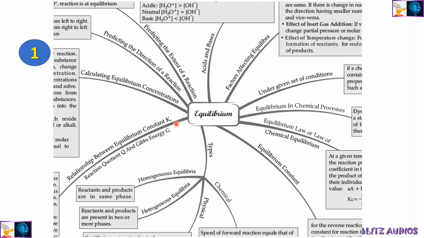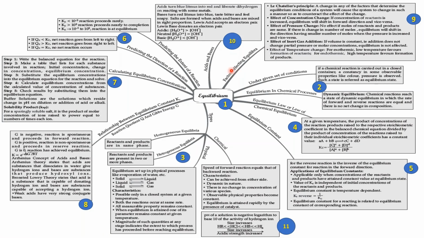And then we will move on to the relationship between equilibrium constant K, reaction quotient Q, and Gibbs energy G. After that, we will move on to the factors affecting equilibria. Then, we will move on to the final phase of this chapter, acids and bases. After that, we will look at a short footnote regarding the pH scale. So, that was the tree of this chapter, and now we'll move on to the first box.